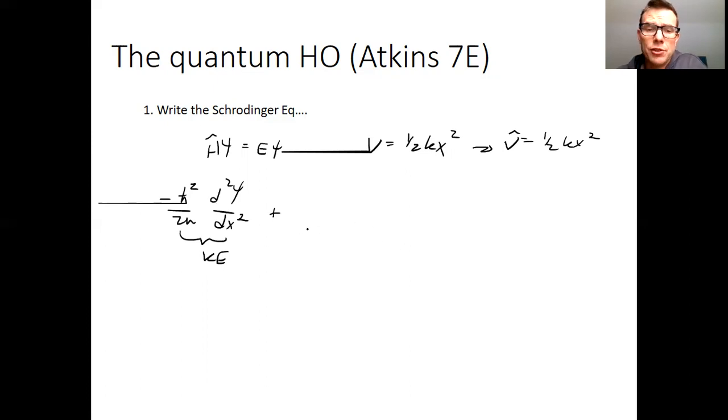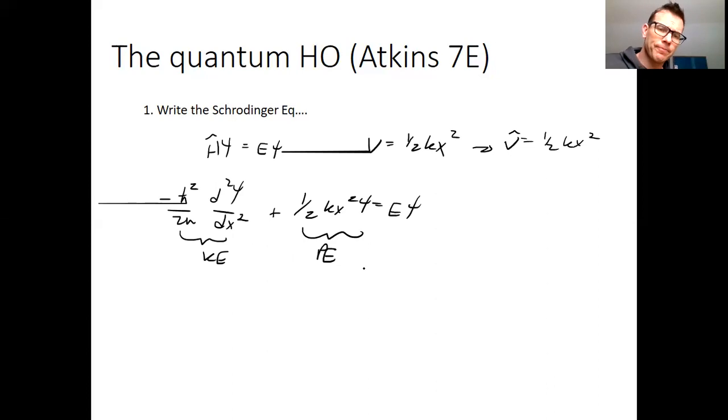When I add that into my Hamiltonian, I will get a term which looks like this. So the second derivative with respect to position is the kinetic energy. This is the potential energy. Total energy is the eigenvalue.